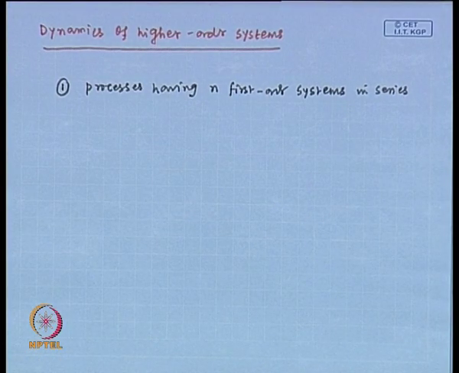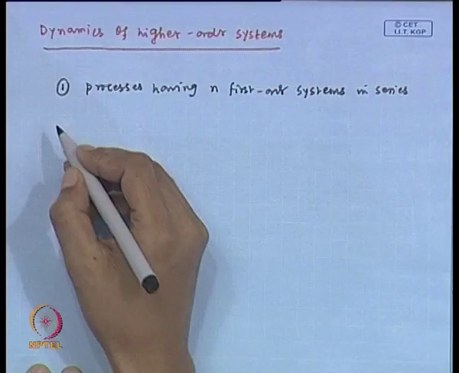Fine. So we can say that we are presently interested to discuss n order system dynamics, where n is greater than 2. The examples include processes having n first order systems connected in series.